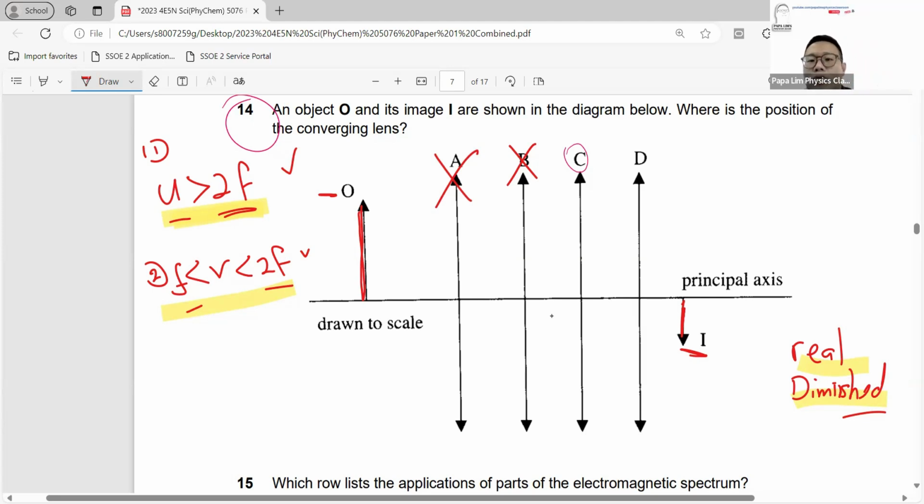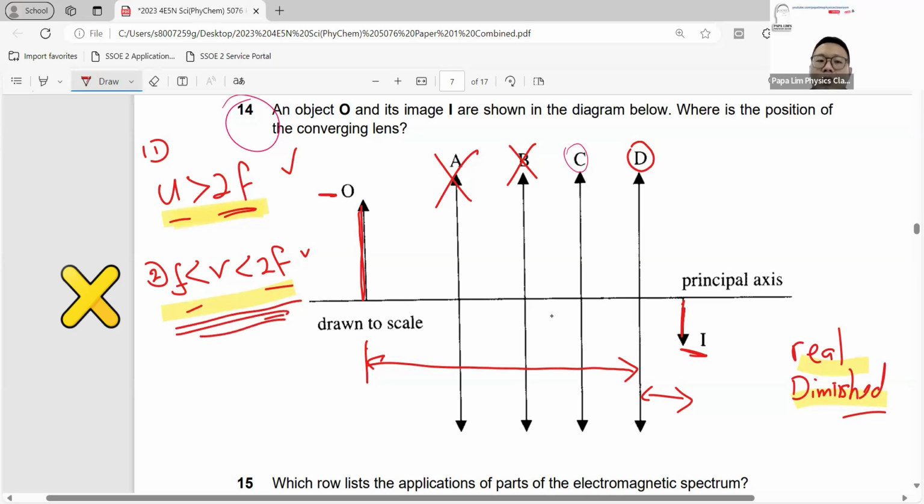But I will not choose D, because if I choose D, the object distance is definitely more than 2F. But what happens to the image? The image is very near to the lens, and this will mean that it will not be in between F and 2F. Definitely not what we want.